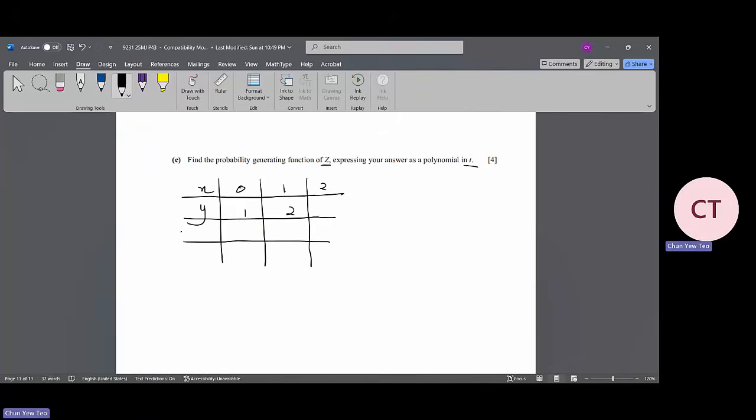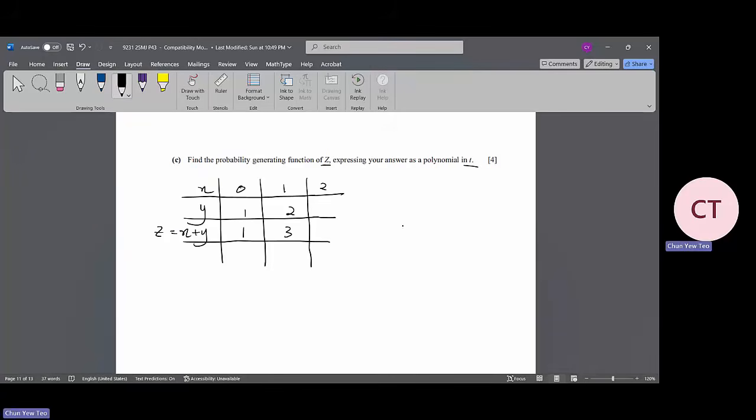So if you add them up, you get the so-called X plus Y. Z is equal to 1, and this one will give you 3.